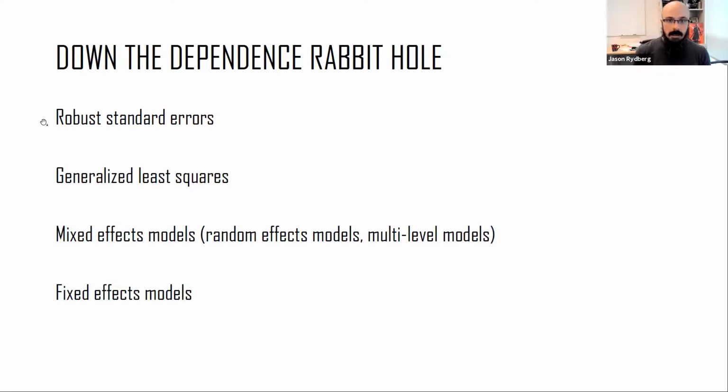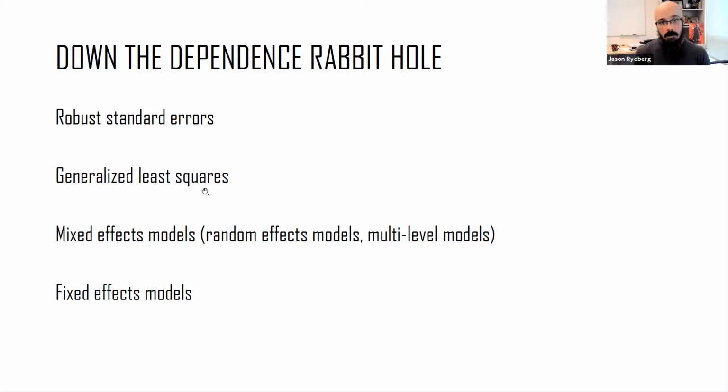In class today, we will talk about two approaches. First, robust standard errors, a way of saying, regardless of the nature of that dependence, depending on how much dependence there is, let's penalize our standard errors based on that so that our results, our parameters, and our conclusions about statistical significance will still be correct, even if there's any kind of dependent structure.